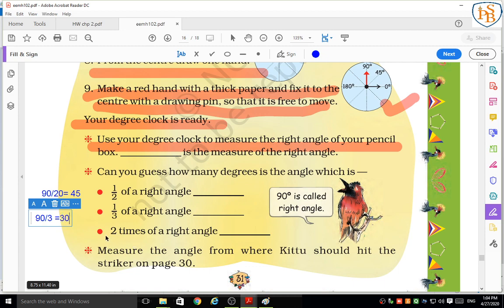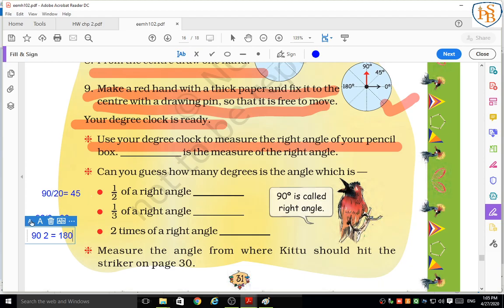Then the last question is 2 times of a right angle. 2 times of a right angle means, how can you show? How can you solve? 90 divided by 2 or 90 plus 2? Yes, 90 multiply by 2. 90 multiply by 2 is equal to 90 2s or 2 9s 18, 200.